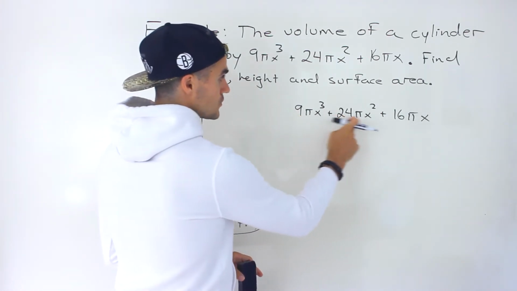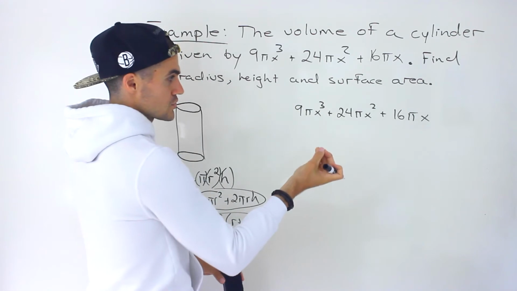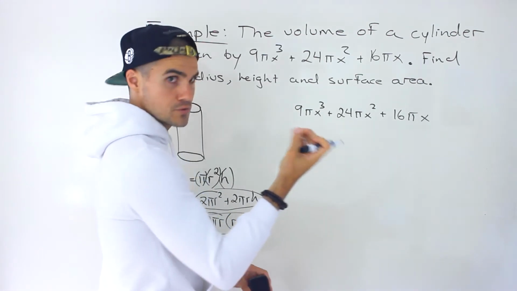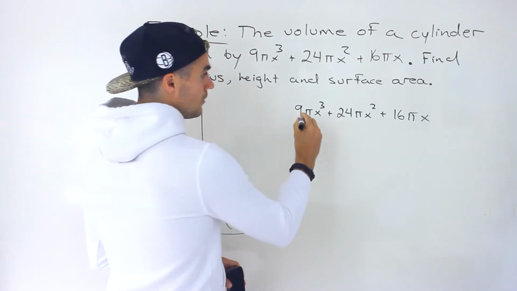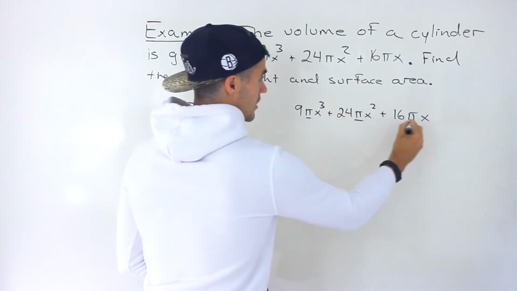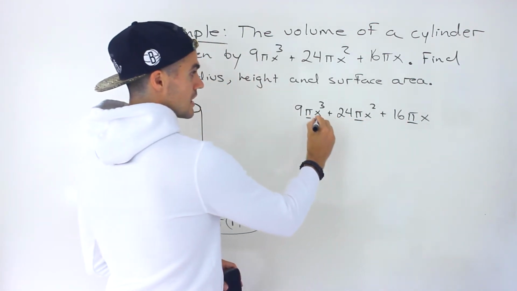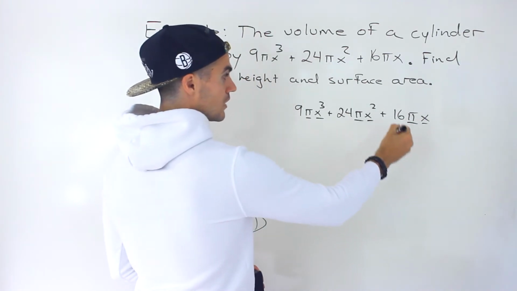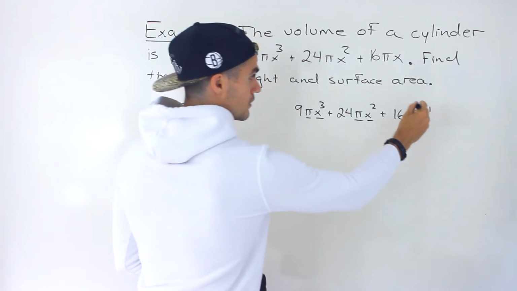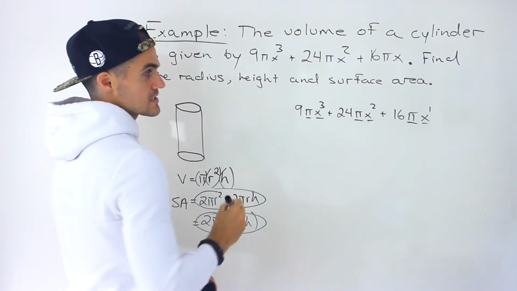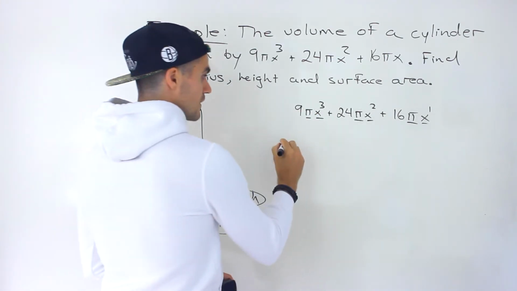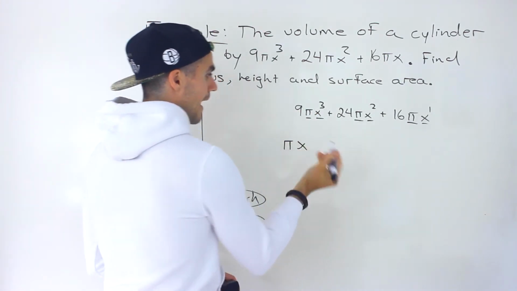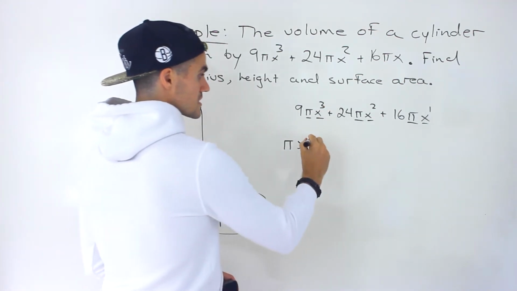Now between the 9, 24, 16, there's no factor from those numbers that we could take out. But notice that there's a pi that's common in all the expressions. There's also an x that is common in all the expressions. And if a variable is common, we always take out the lowest exponent, which in this case is going to be 1. So we can factor out a pi x from all of these expressions.